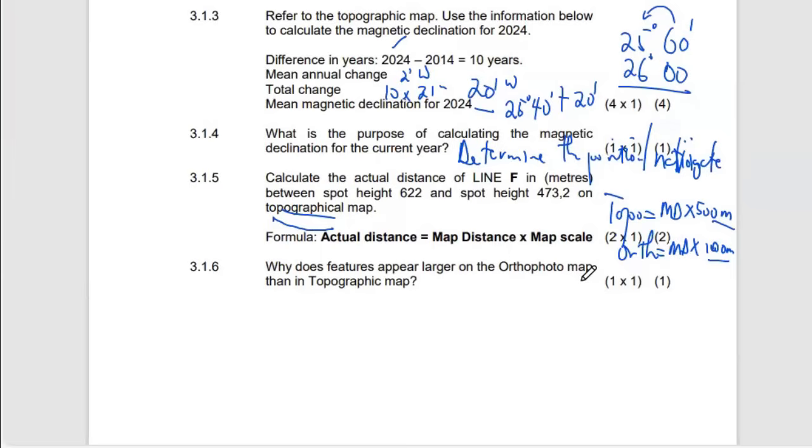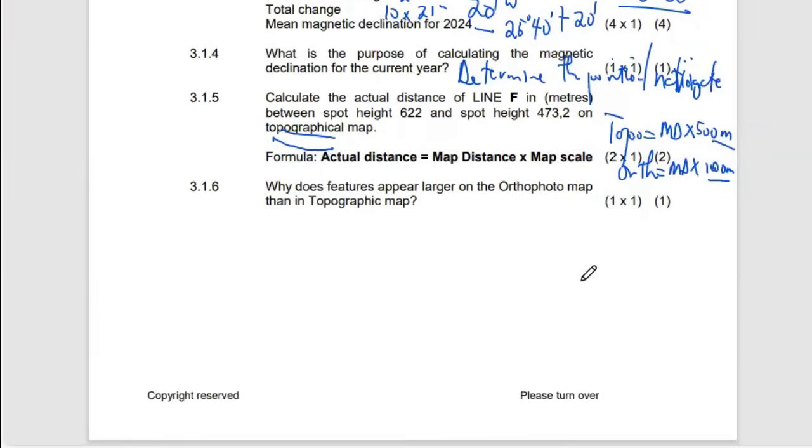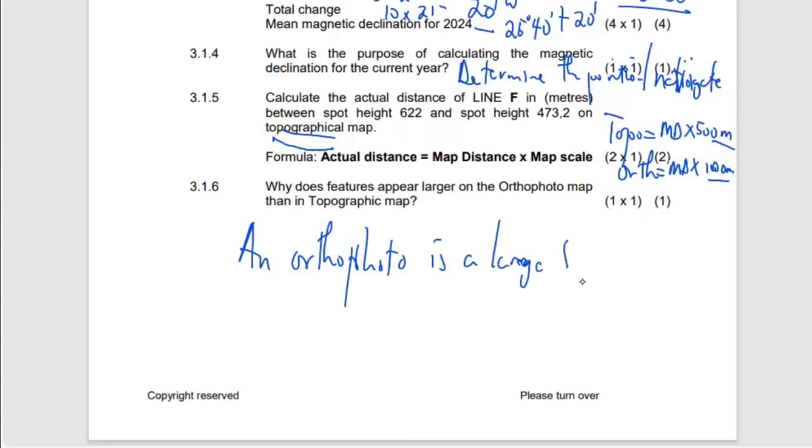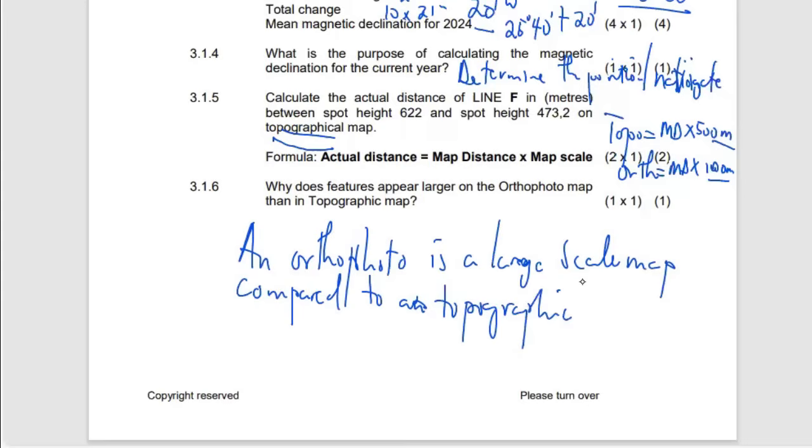Why does the feature appear larger on the orthophoto map than on the topographic map? The reason is an orthophoto is a large scale map compared to a topographic map.